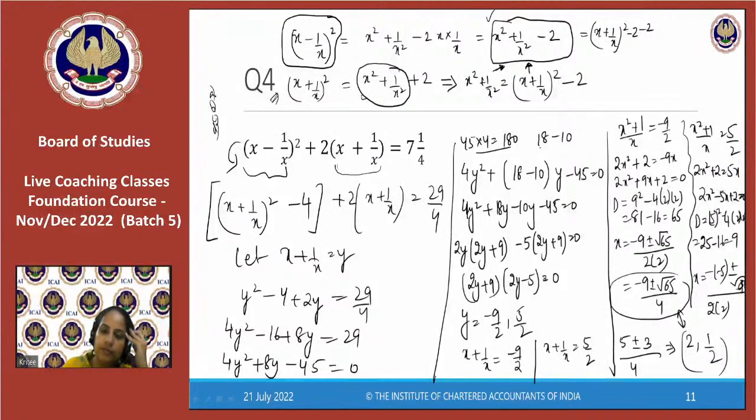So hence it becomes x plus 1 by x whole square minus 4. Rest of the things same. Now I have got these common terms. So let x plus 1 by x be equal to y. So this becomes y square minus 4 plus 2y equals 29 by 4.